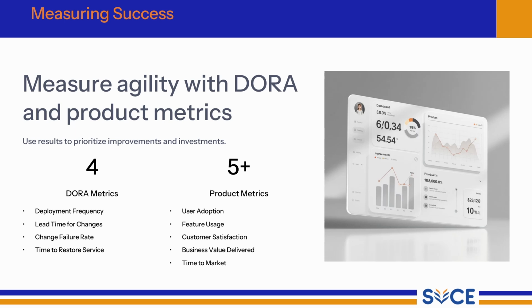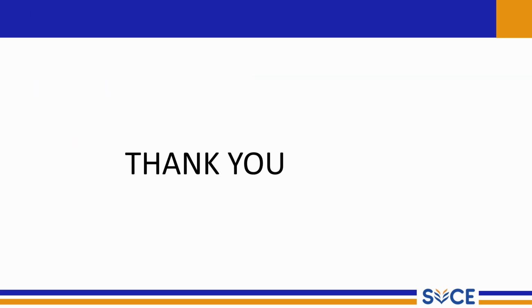Are users adopting? Are they satisfied? And are we delivering real business value, from output to outcomes? So, these are the agile information systems.